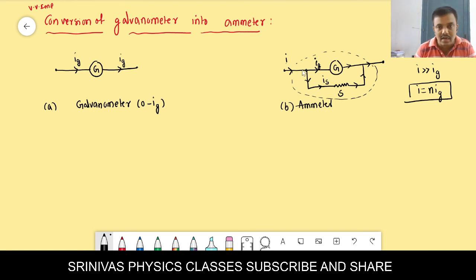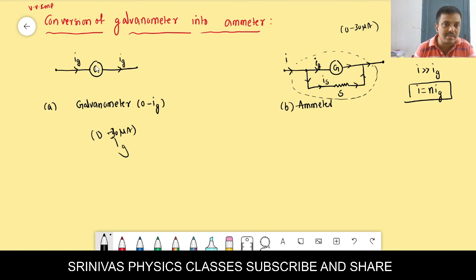Now it is measuring the current I. Again, the maximum current through the galvanometer is Ig only. Previously it is measuring from 0 to, for example, 30 microamperes. Now also it is 0 to 30 microamperes only. Ig is 30 microamperes maximum.